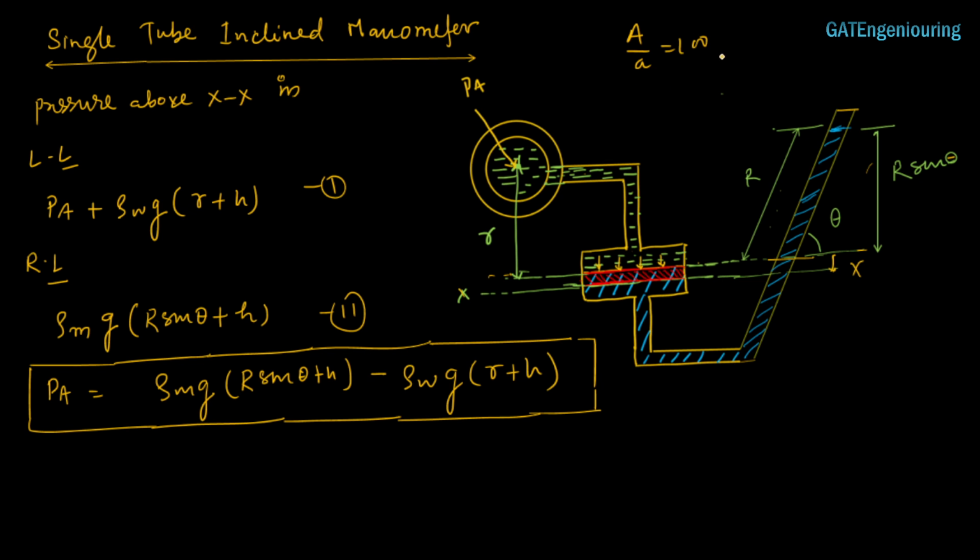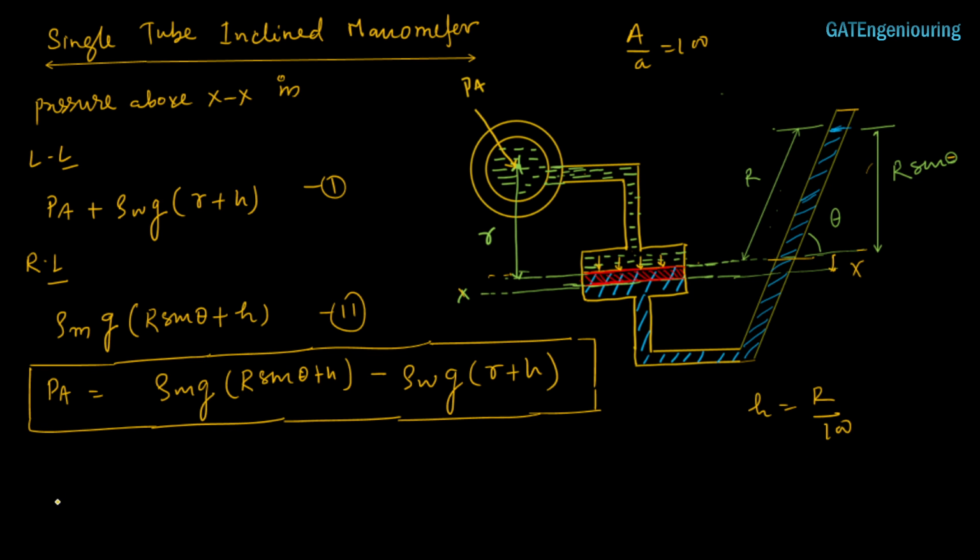It's not necessary it will be 100 always, it might be some other value. Accordingly, we can put the value of h in this. So h can be calculated with the help of this. Here also h is going to be r upon 100 in this case.